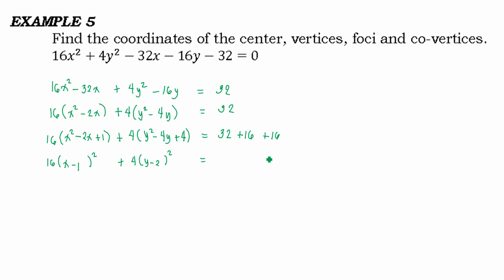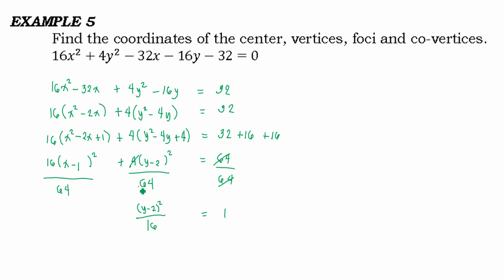Okay, 64. So divide both sides by 64. Here, we can divide this one out. That becomes 1. Okay, 4 and 64 are both divisible by 4. So in other words, we could have the squared quantity of y minus 2 over 16, because 64 divided by 4 is 16, right?